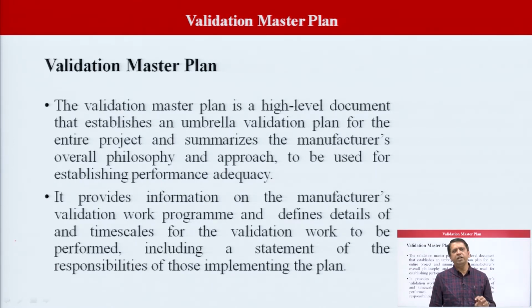Second, all the information related to what kind of validation work is going to be performed. It also includes a summary of the different people who are involved in implementing the validation program, and their responsibilities also.